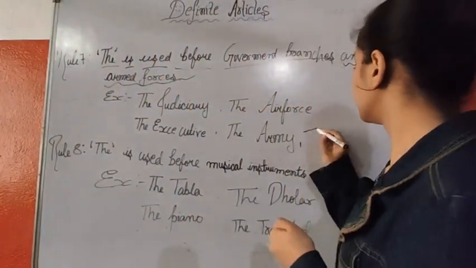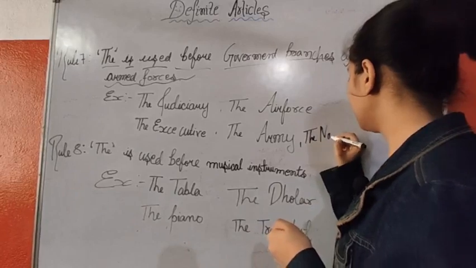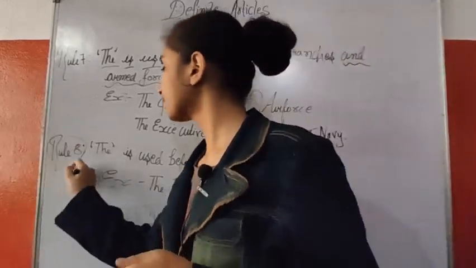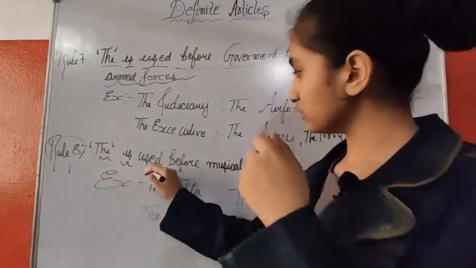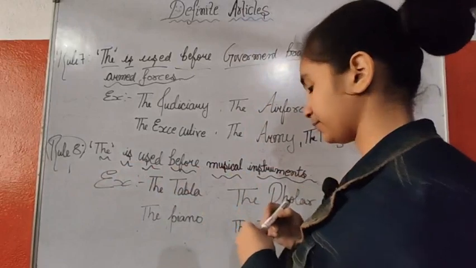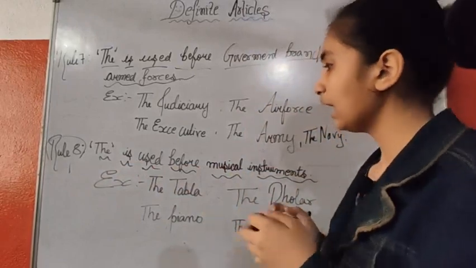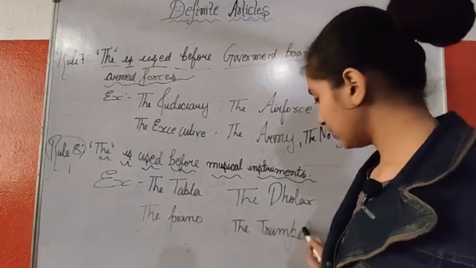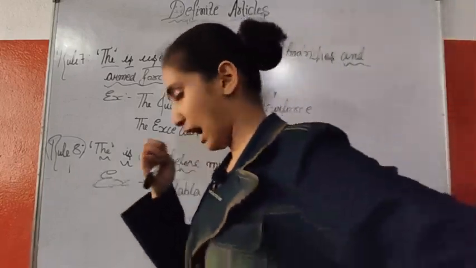Okay guys, now let's move to rule number 8. "The" is used before the musical instruments. Okay. For example, you can take the tabla, the piano, the dholak, the trumpet, the guitar, the harmonium.